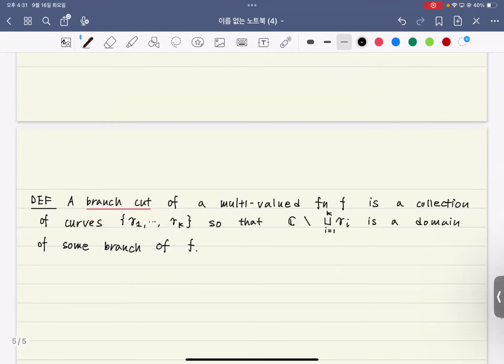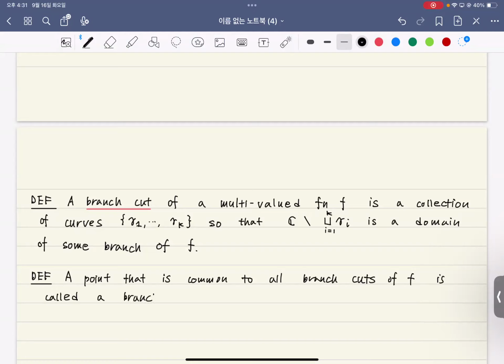Okay. And we also define a branch point, that is common to all branch cuts. Therefore the branch point of the natural log function is clearly the origin, right?